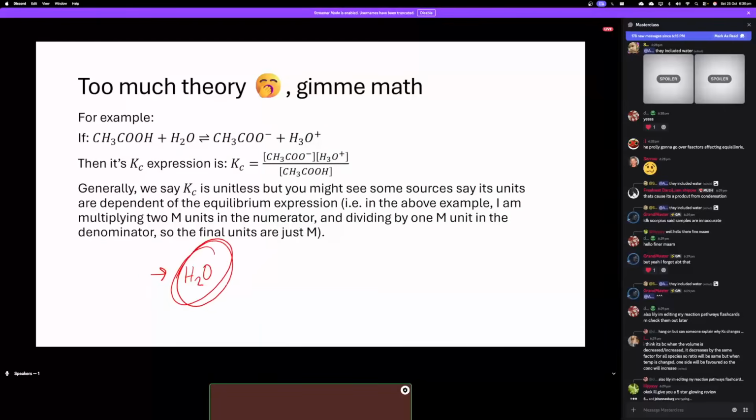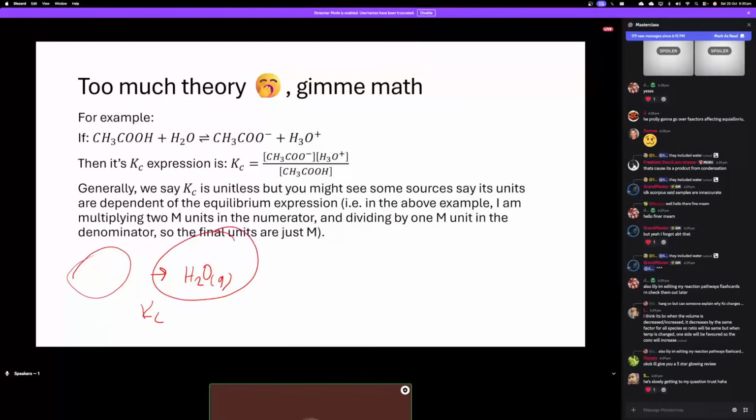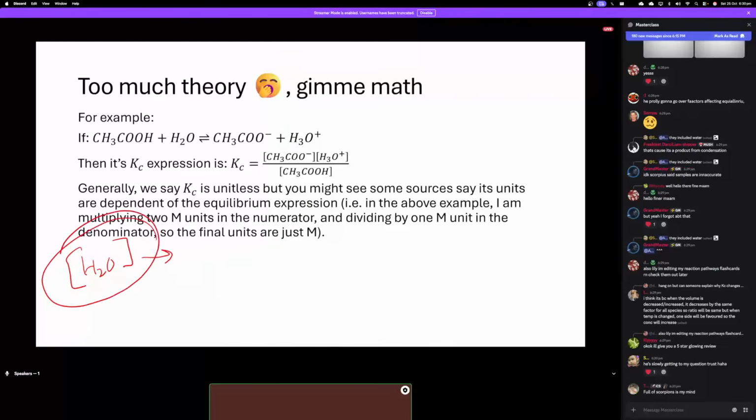In this case, I will consider it, right? It is a gas here. I do consider the concentration here. I guess this isn't reversible anyway, so you can't actually have a KC. Let's just pretend we had some reaction that produces H2O. If H2O is a reactant and it produced some stuff, then yes, I would consider it. It was a reactant, it actually reacted. Then yeah, I would consider it in the KC expression.